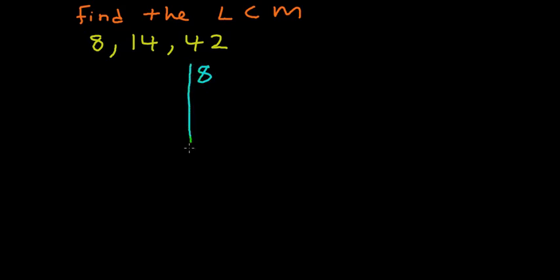You draw the line, then you draw another line below it. You start to divide by the lowest of the prime numbers. You remember the first 6 prime numbers: we have 2, 3, 5, 7, 11, and 13.